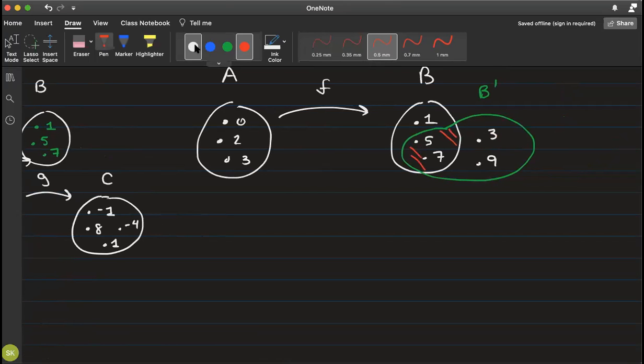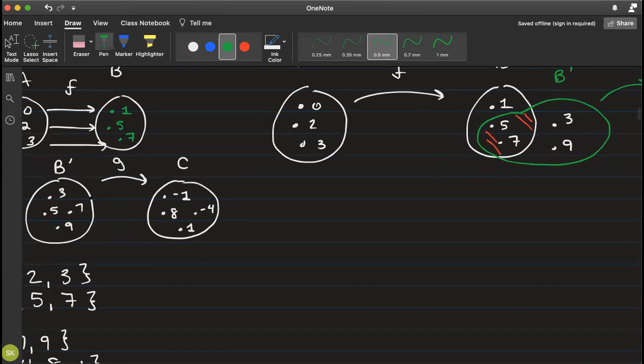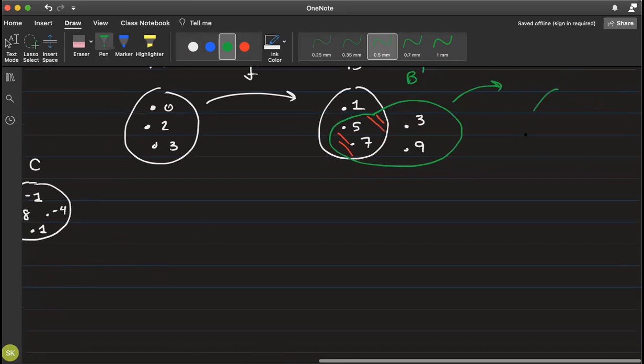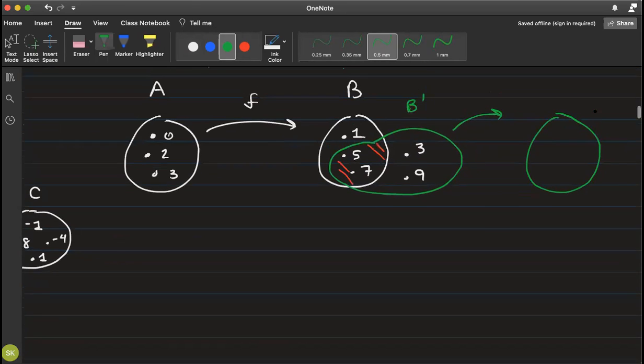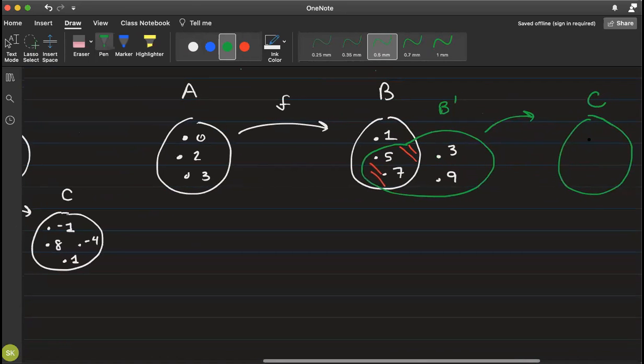Now, when I take B prime, I can send B prime through this function g. It gets sent to -1, -4, 8, and 1. So let's make a set over here. Let's call this C. And the set is -1, 8, -4, and 1.